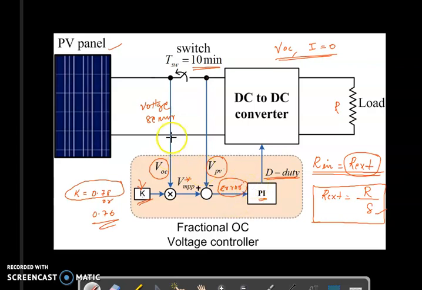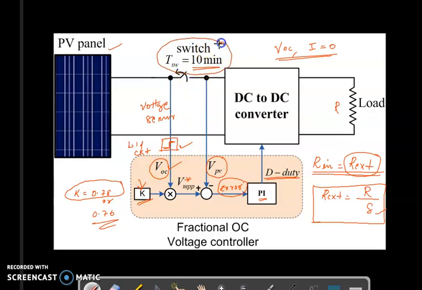For hardware implementation, we require a sample and hold circuit, because for at least 10 minutes the circuit needs to store the value of VOC that gets multiplied with the value of K. So when we implement this using microcontroller techniques, we need to use a sample and hold circuit and memory elements to store the VOC for some time.